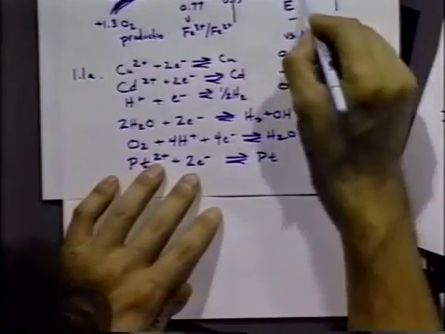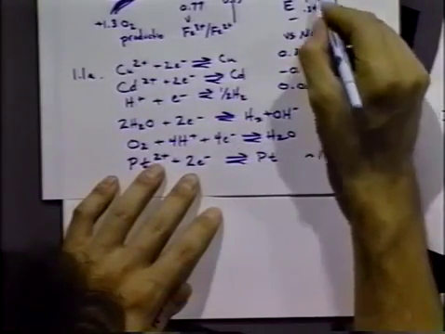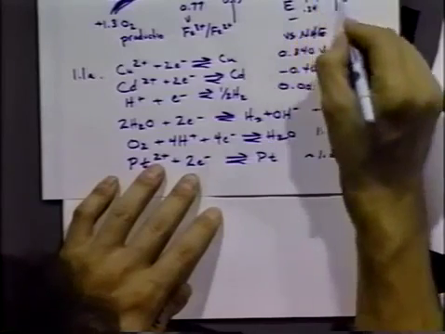Just like I mentioned today, we can convert from one reference potential to the other simply by subtracting off the calomel electrode potential. So for example, the copper potential is 0.34 volts. The SCE potential is about 0.24 volts.